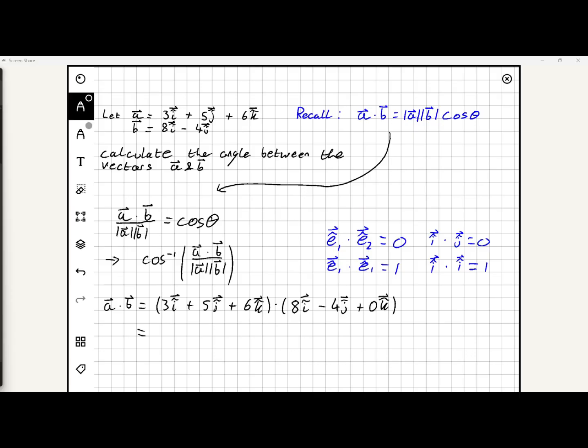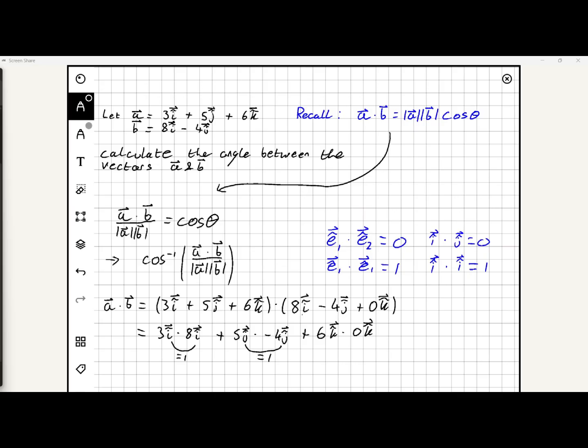We see that 3i and 8i are a pair. So we'll do 3i dot with 8i. Then the i's will equal 1. Then we have plus 5j dotted with minus 4j, plus 6k dotted with 0k.